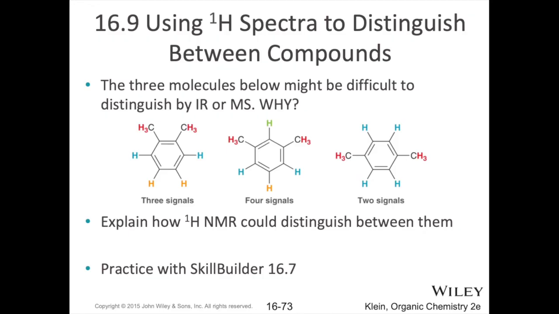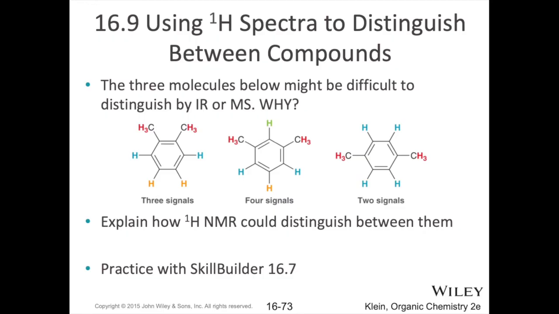They'll each tell you what pieces you have, but NMR gives us different signals for protons that are in different environments, and one signal for protons that are in the same environment, that are either homotopic or enantiotopic.